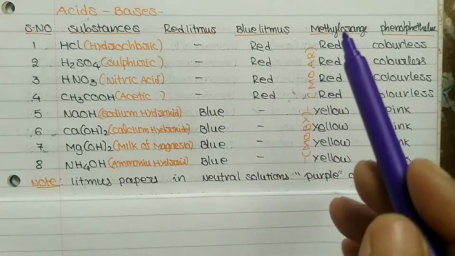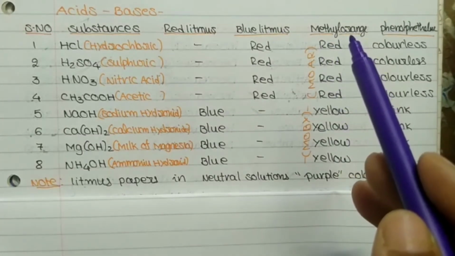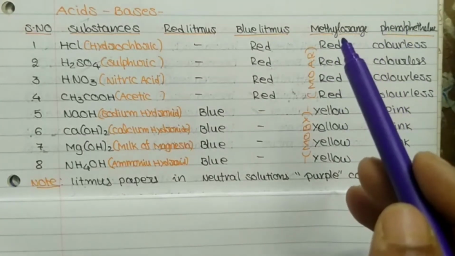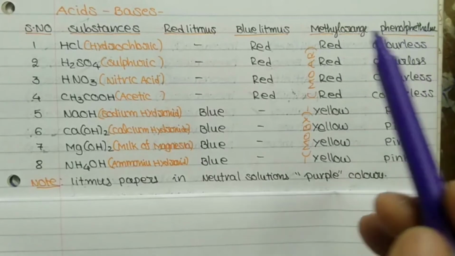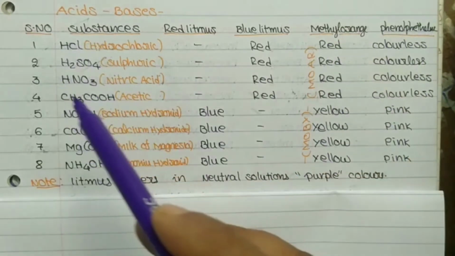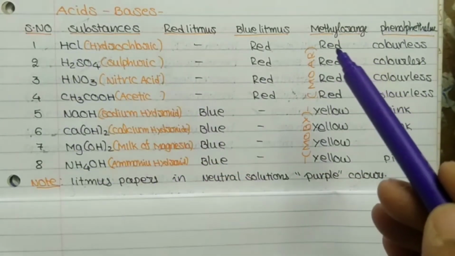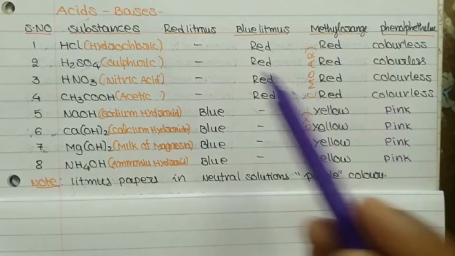Okay, it's very important. Coming to the synthetic indicators like methyl orange and phenolphthalein: methyl orange combined with the acids HCl, H2SO4, HNO3 and CH3COOH, acetic acid, immediately changes to red color.